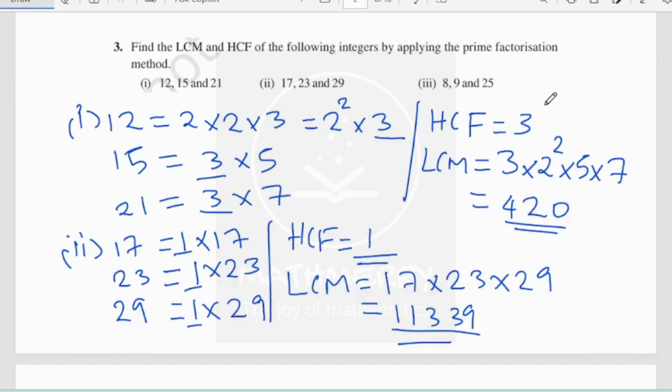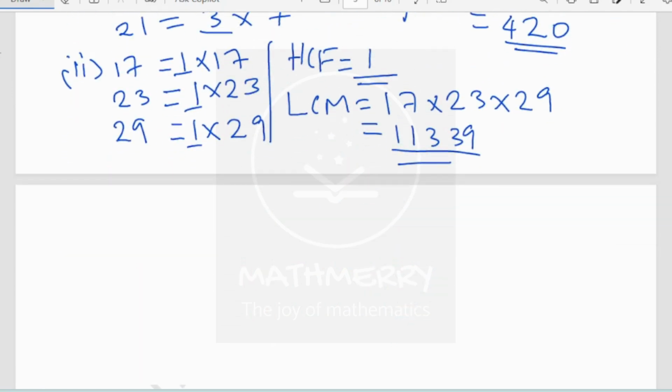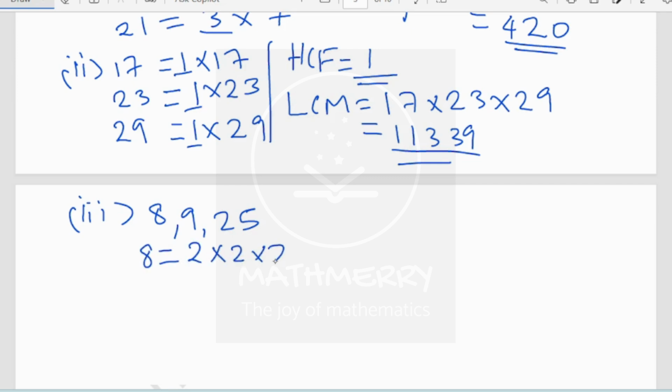Now the third question is 8, 9 and 25. So 8 we can write as 2 into 2 into 2, which is equal to 2 cube.